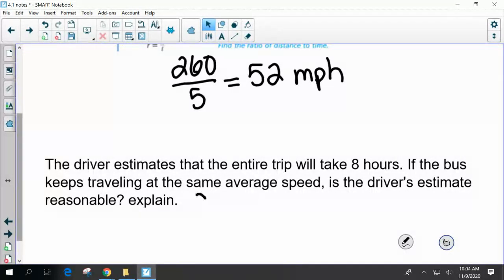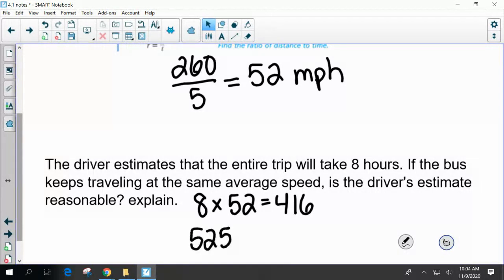Okay. And got 416. Okay, so that's a way to figure it out. 8 hours that they allotted times 52 miles per hour, you got what? 416. And is 416 enough for the trip? No, so it's going to be more. What'd you get? You could also do like 525 divided by 52. Yep.